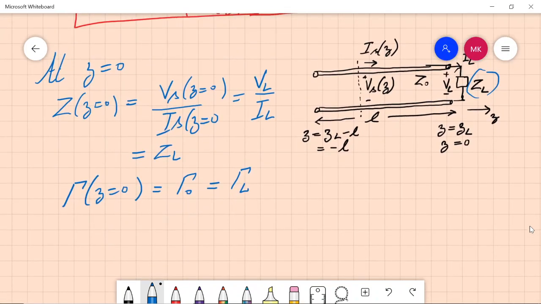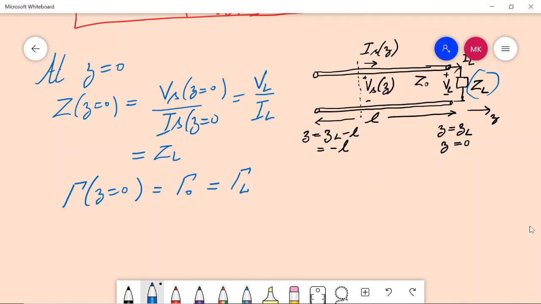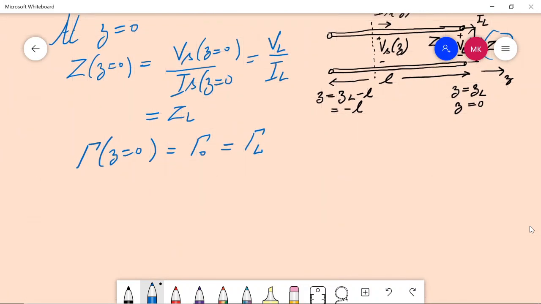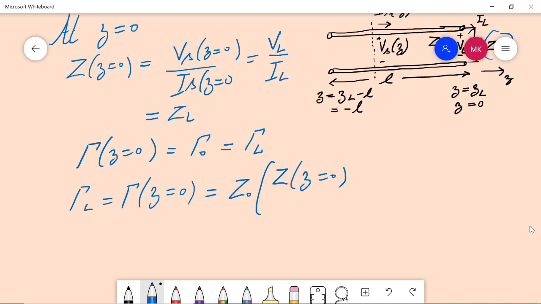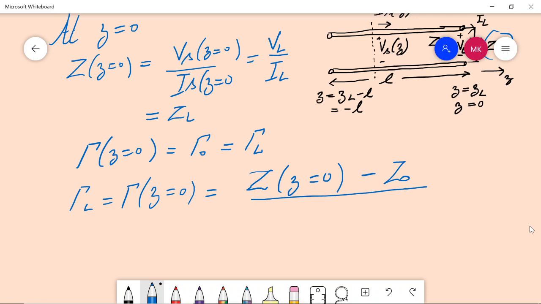Now what will be the reflection coefficient? Gamma L equals gamma at Z equals 0, which in terms of line impedance is Z at 0 minus Z naught over Z at 0 plus Z naught.